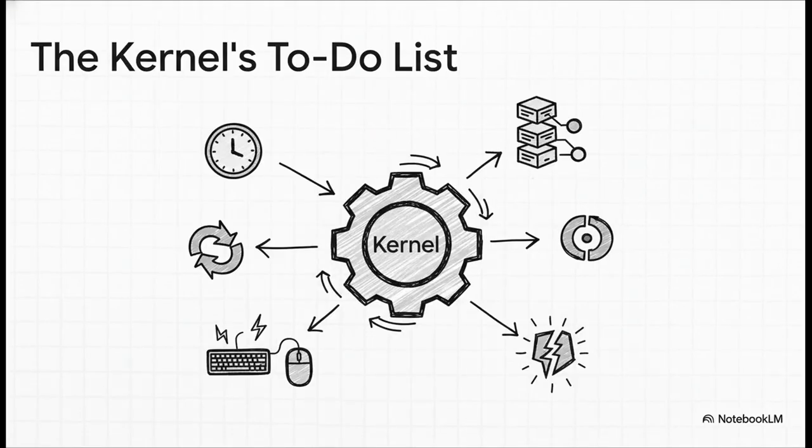And its to-do list, as you can see here, is just immense. It is constantly doing things like thread scheduling, which means it's deciding which one of thousands of tiny little tasks gets to use the processor at any given nanosecond. It handles interrupt dispatching, which means reacting instantly when you press a key or move your mouse. It is a non-stop, unbelievably complex job of managing absolutely everything.